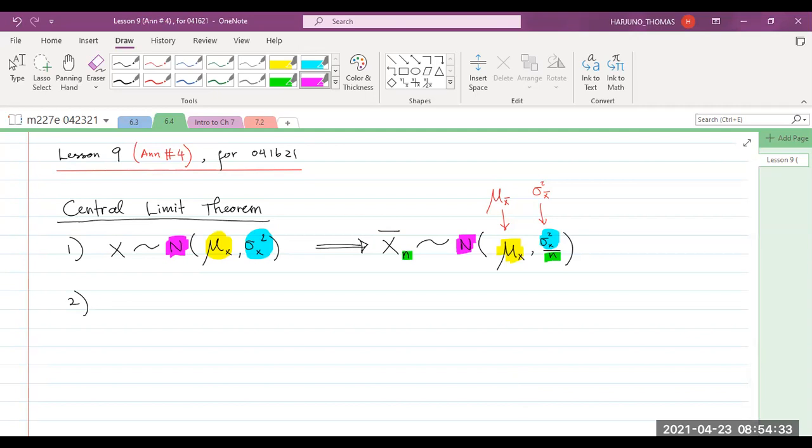Okay, Thomas, I don't understand your notation. Okay, if you don't understand my notation, feel free to see how our textbook explains the central limit theorem. Let me show you.